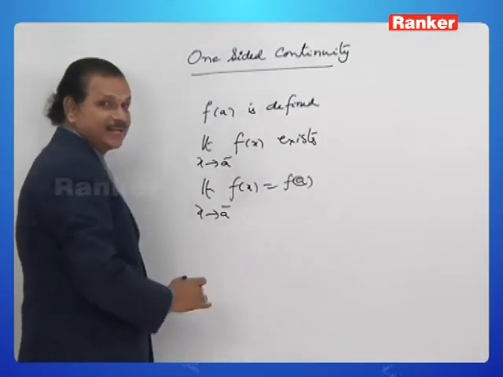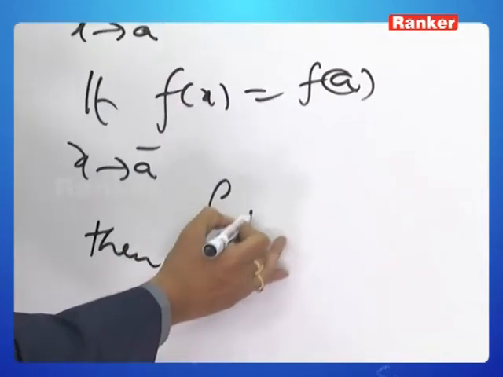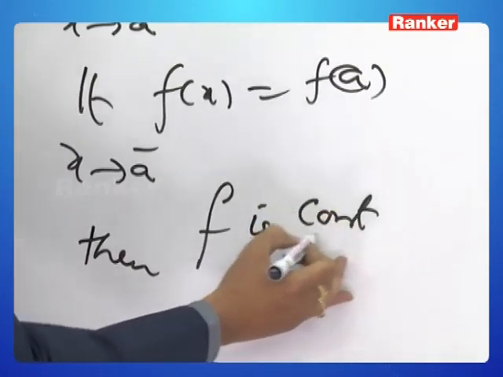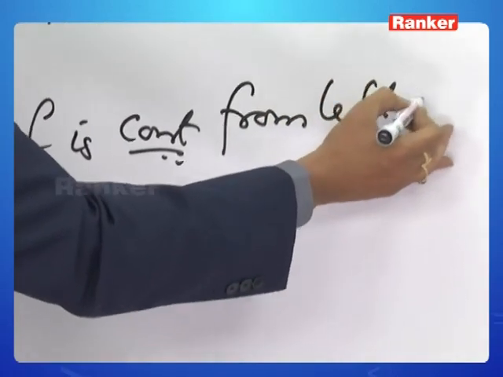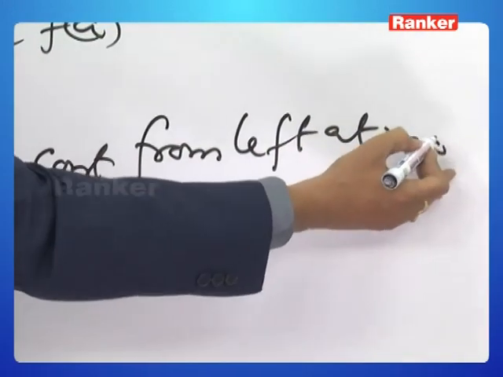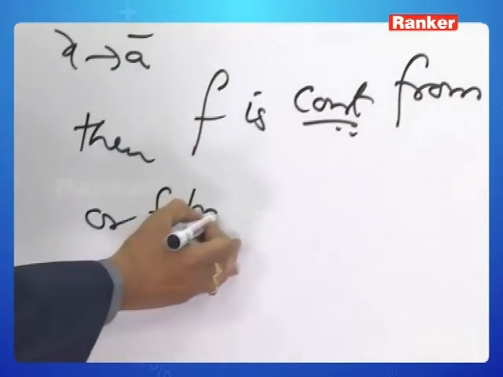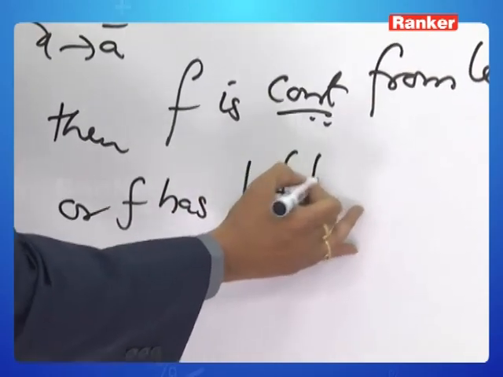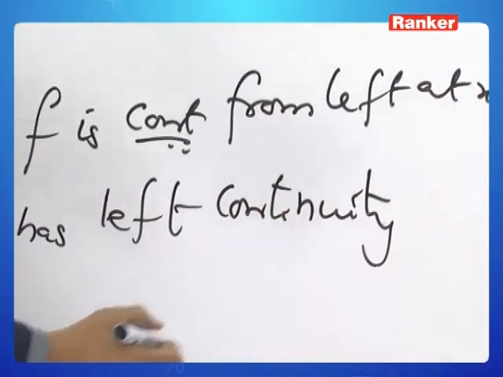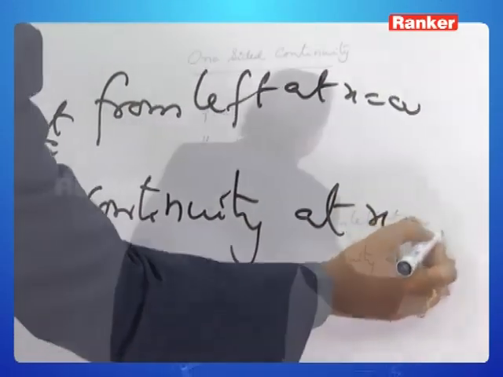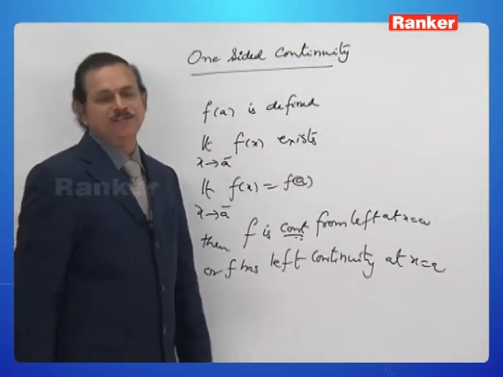If these three conditions are satisfied, then f is continuous from left at x is equal to a, or f has left continuity at x is equal to a. This is what we say about left continuity.